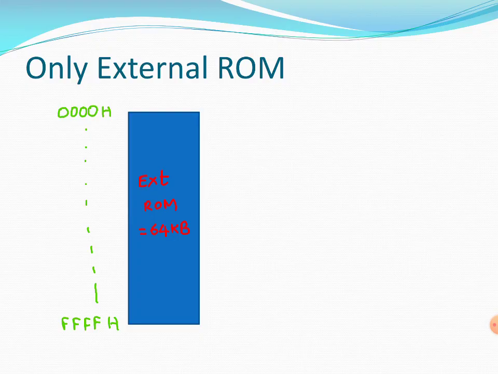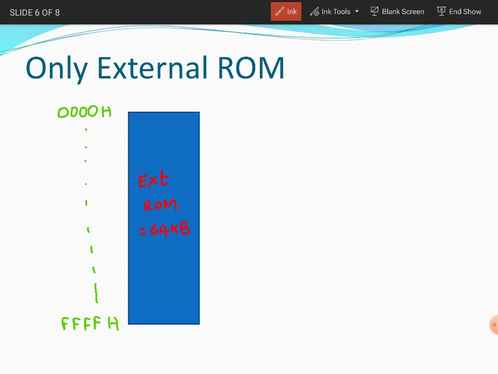Next, only external ROM. We already know there are 16 address lines, so 2 power 16, 64 kilobytes of memory, and the address range is from 0000 to FFFF. EA bar is equal to 0 for this case.